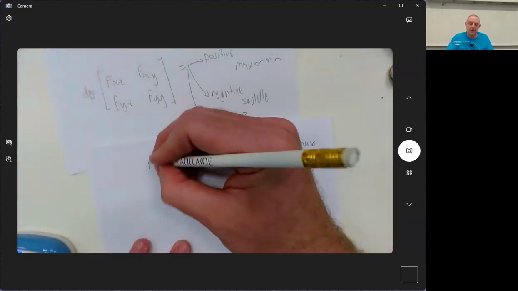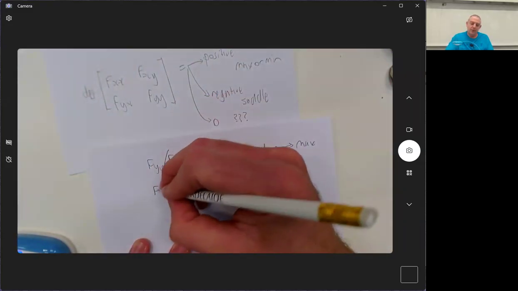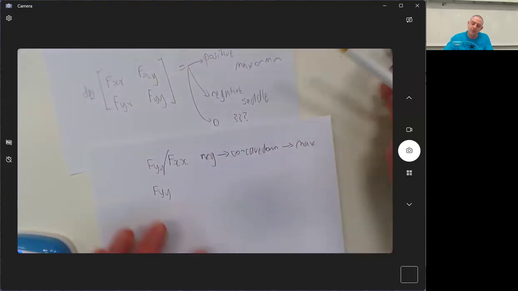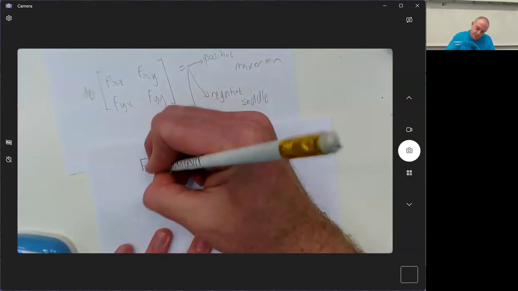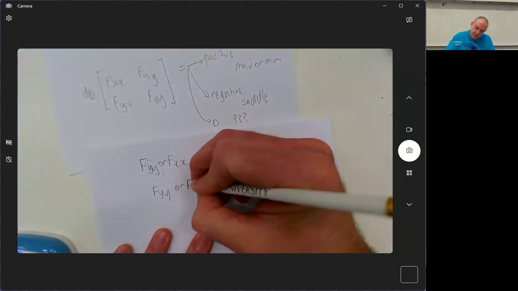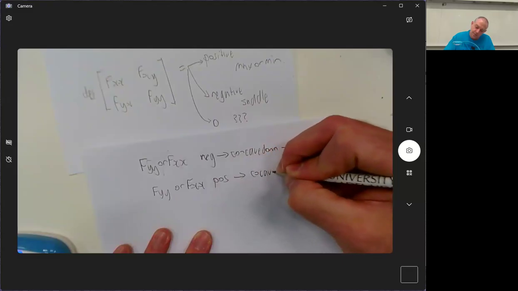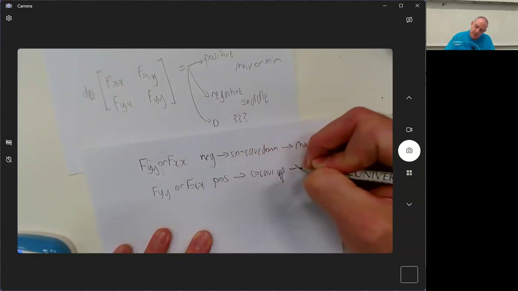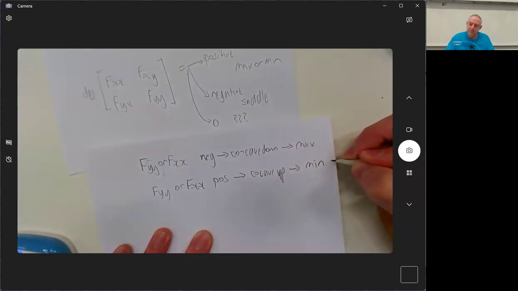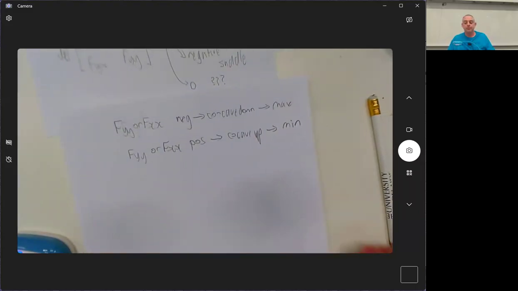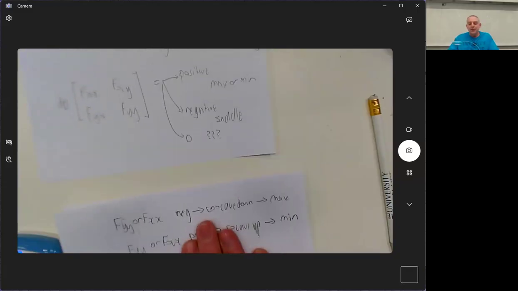Or fyy, that's not a divided by, that's an or. If fyy is positive, that means it's concave up, and that makes it a minimum. But you can only do that after first doing this.